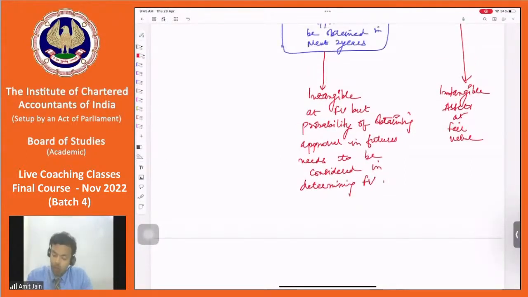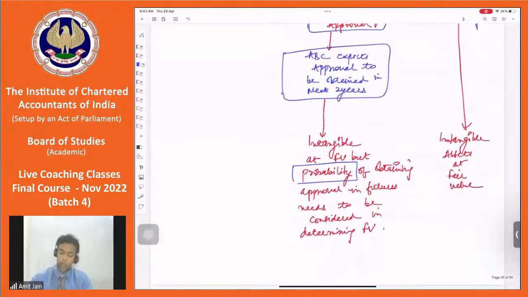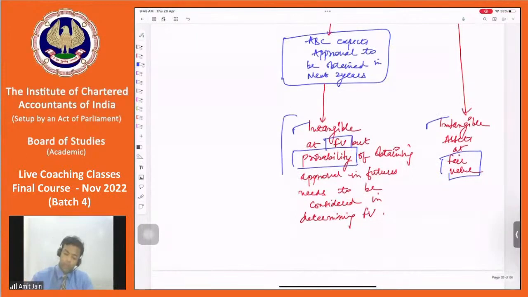Intangible at fair value, but the probability of obtaining the approval in future needs to be considered because we have not received the approval today. So first of all, these need to be recognized as intangible, no doubt. This will be at fair value. This will also be at fair value, but we need to consider the probability, whether 80% chance that we will get an approval, 90% chance, 60% chance. So the fair value will be adjusted subject to the future events.